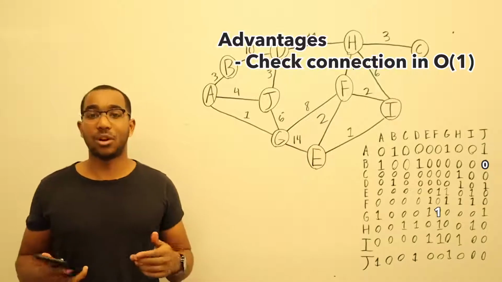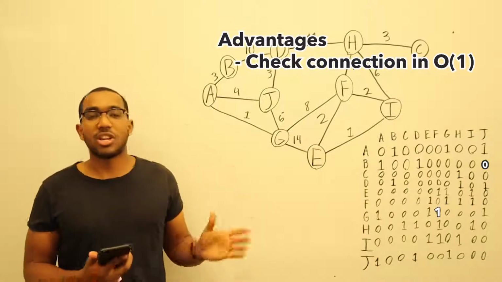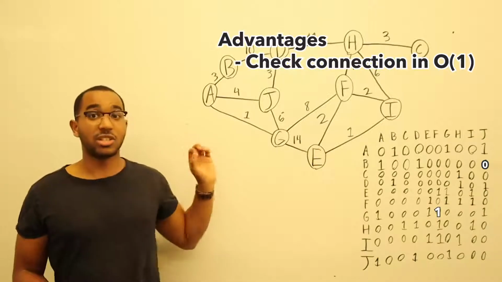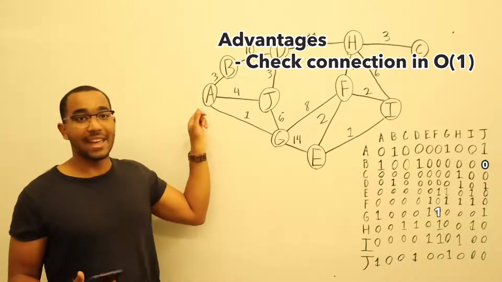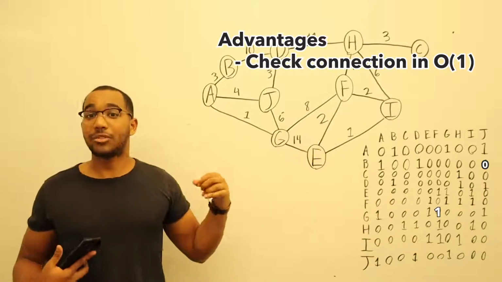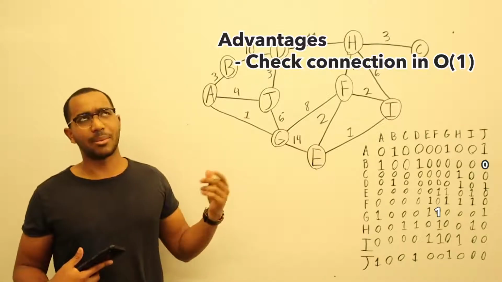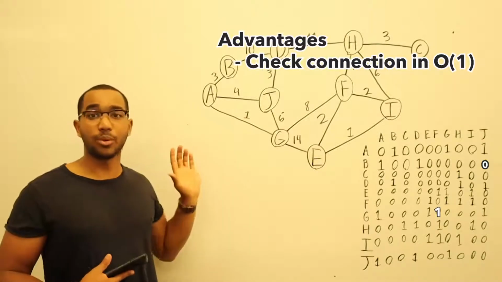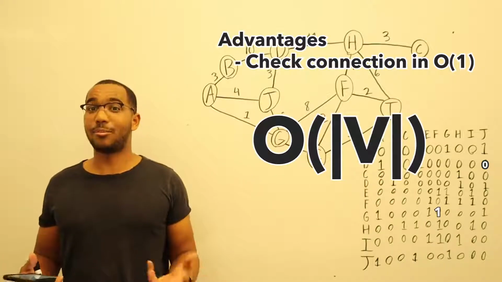The advantage this has over adjacency lists, which we'll see later, is that with adjacency lists, if one node is adjacent to all the nodes, at worst, if I want to know whether A is connected to J, I might have to loop through n-1 nodes, not including myself, unless I'm connected to myself. We would have to loop through all these nodes, upper bounded by the size of the graph, big O of V.